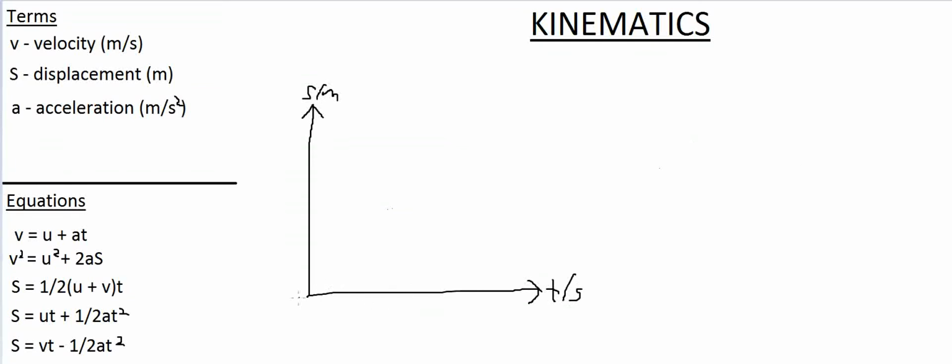So you can have a graph going like this. Note that this point is supposed to be a sharp turn.